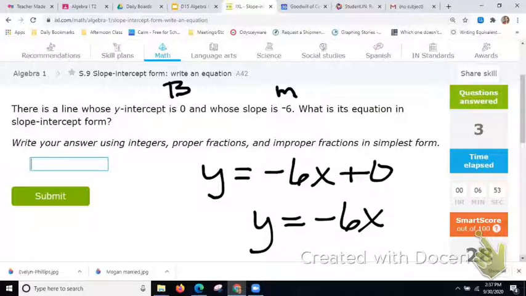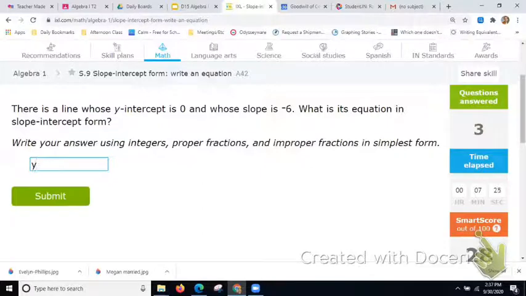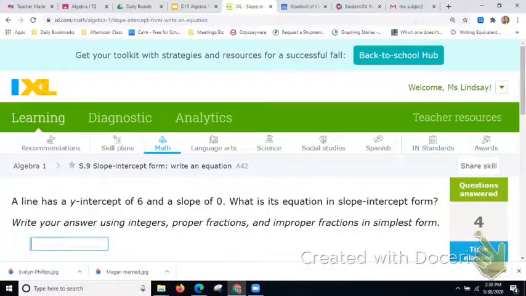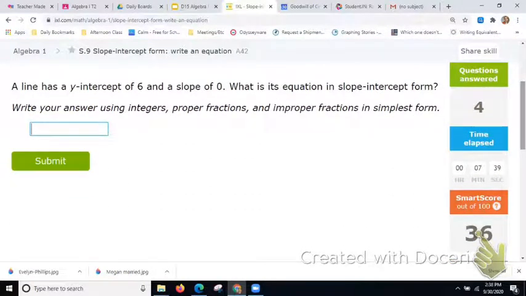Alrighty. So I believe it will take it even if we put the plus 0, y equals negative 6x plus 0. Just know you wouldn't have to include the plus 0 since it is a 0. So in this case, it says it has a y-intercept of 6.